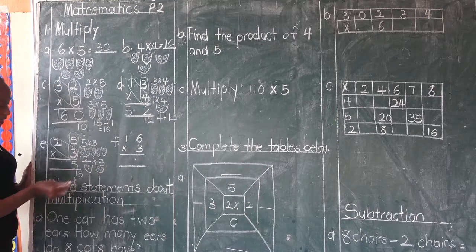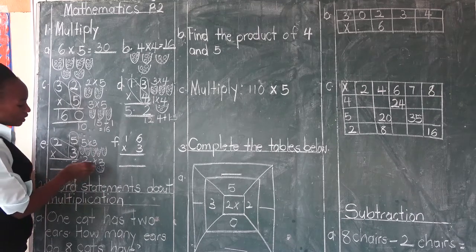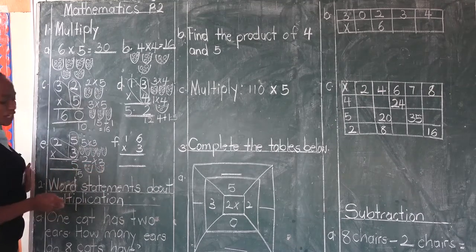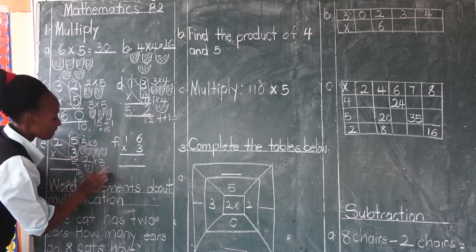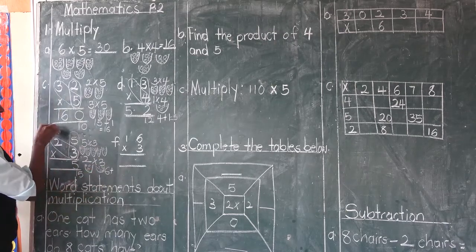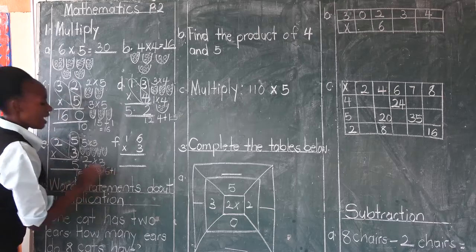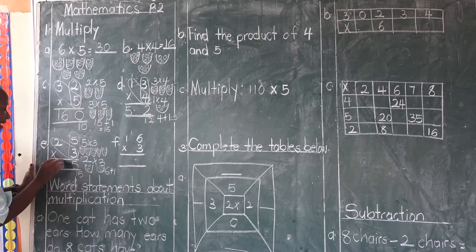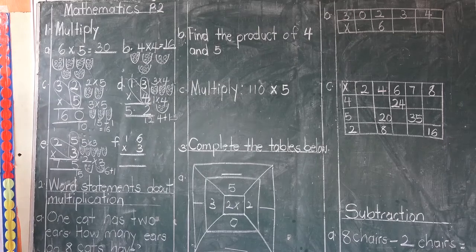When you put them together, 1, 2, 3, 4, 5, 6. We shall have 6 plus the one which you carried, and we shall get 7 as our answer.